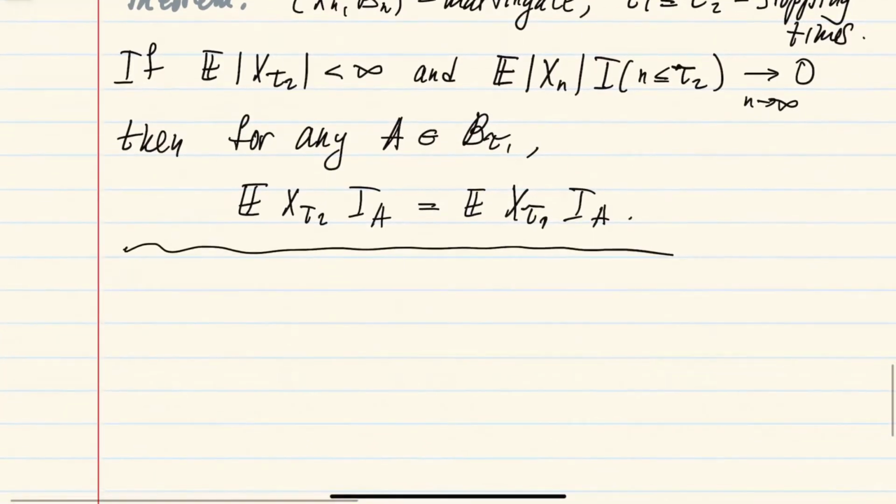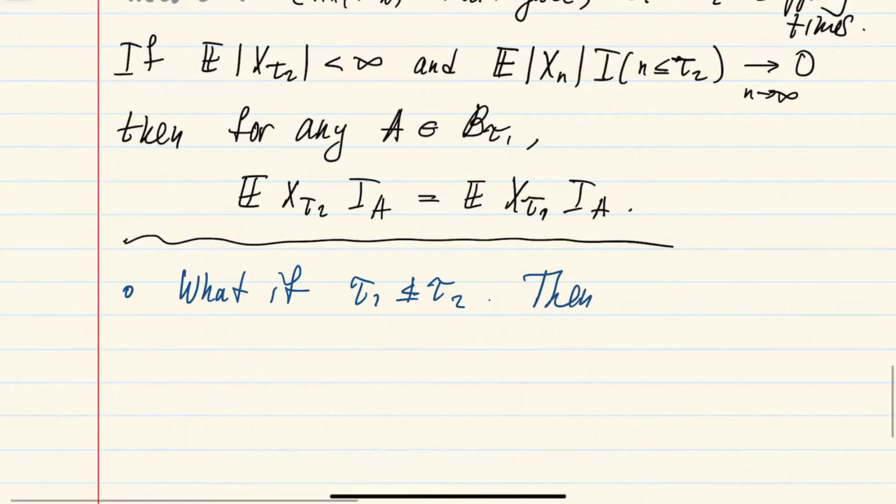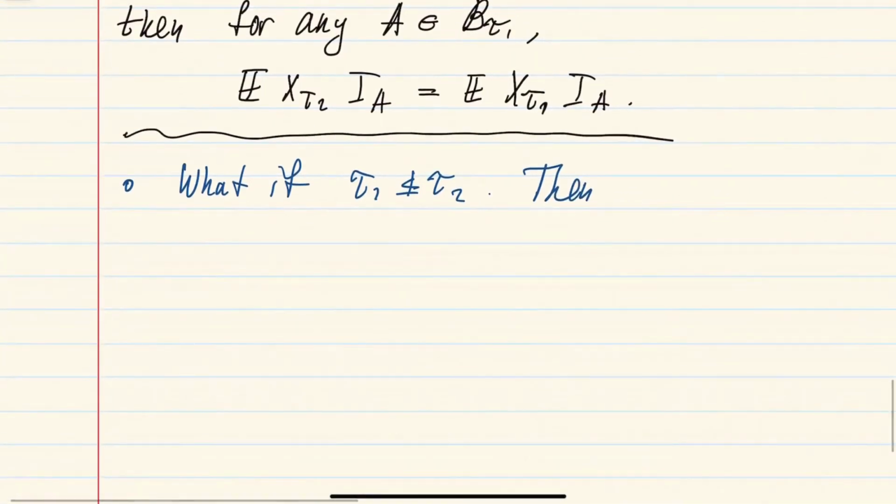Now, before we prove this, let me make a couple of comments here. So the first comment is, what if the stopping times are not necessarily ordered? Maybe what if you don't have this inequality? Maybe sometimes one stopping time is greater, sometimes another one is greater. Then you can simply rephrase the above conclusion of the theorem in the following way. You can just add the indicator that tau1 is less than or equal to tau2.